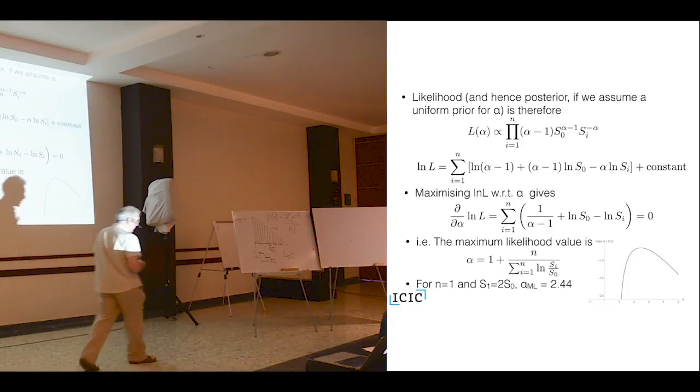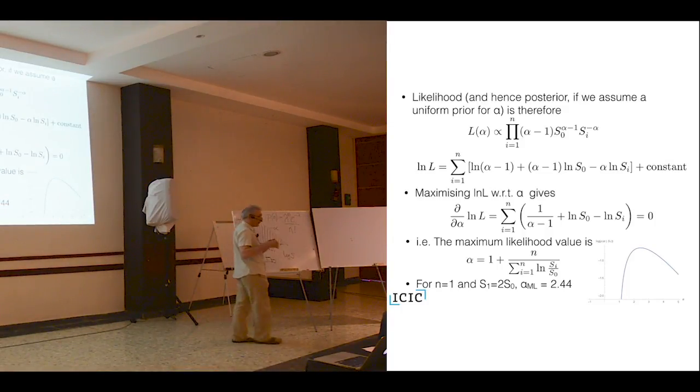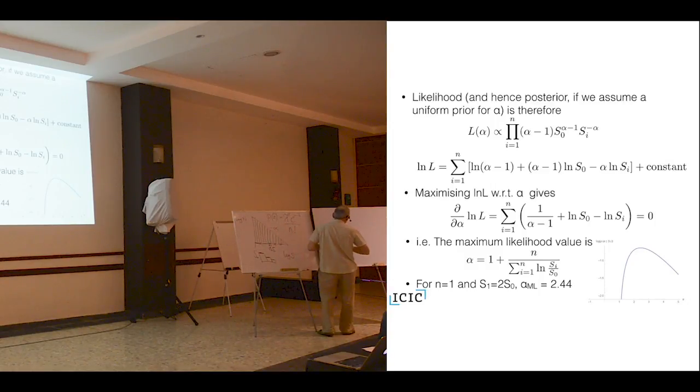It's maybe worth just pausing to think, how can we work out the slope of number counts given one source? How does that work? It works because we have that extra information of the minimum detectable flux. So basically, if this is S0, then we do have some information even from one source, because if the source happens to be very close to S0, then the likelihood is that the slope of the number counts is very steep.